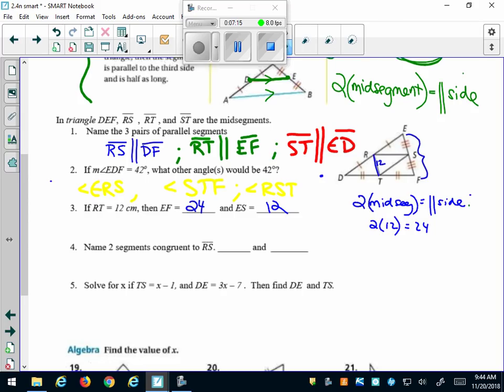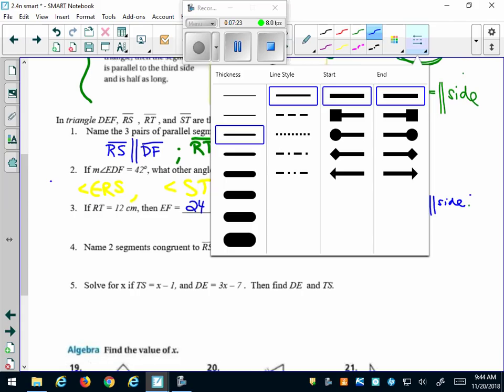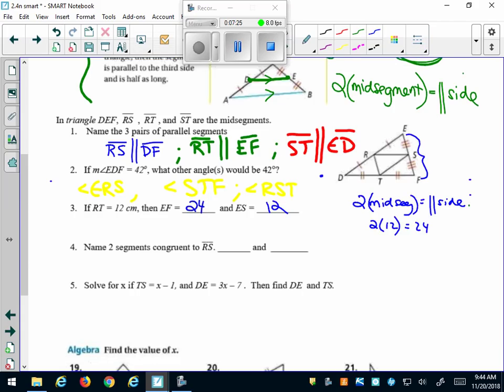So, how many little tick marks should I put on segment RT? If I'm talking about marking things congruent with little tick marks, how many tick marks should go on RT? 1, 2, or 3?